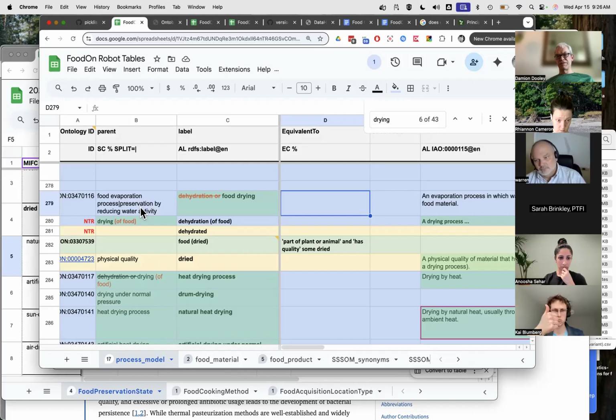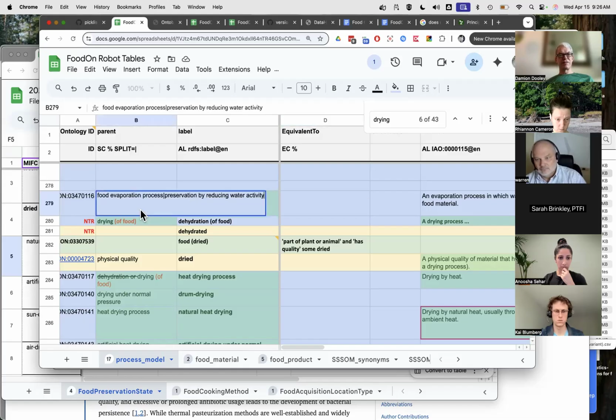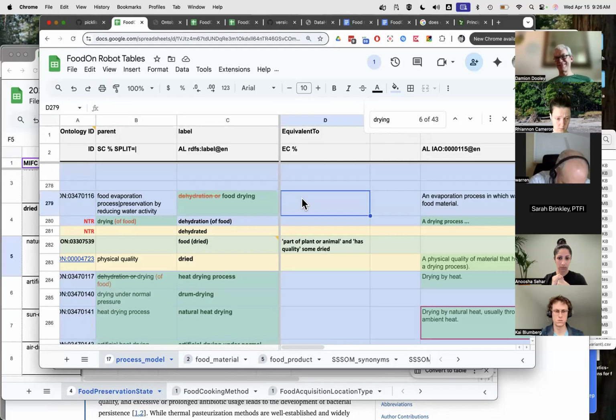And I guess I had a question for folks. We have this preservation by reducing water activity, and that's a thing in food science terminology.